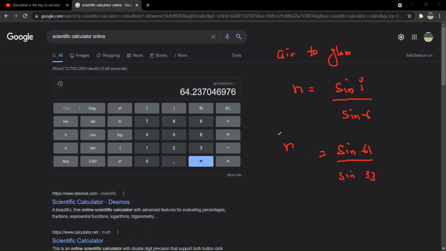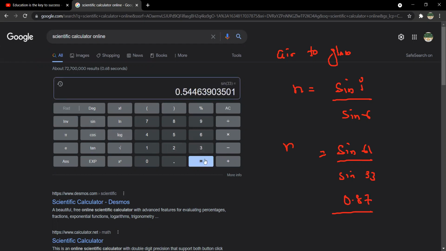Instead of solving both of them at the same time, you can first solve the numerator separately. So I put sine 61, which is 0.87, divided by sine 33.